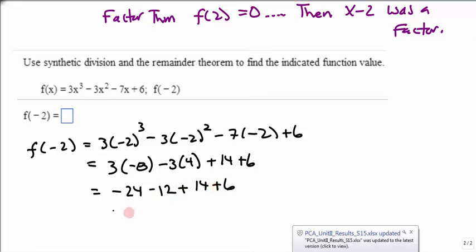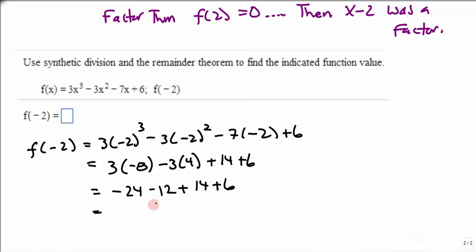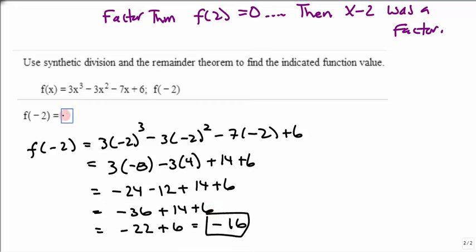We have -24 minus 12 would be a -36. And then -36 plus 14 would be a -22. And then -22 plus 6 would be a -16. So I think our answer here will be -16.